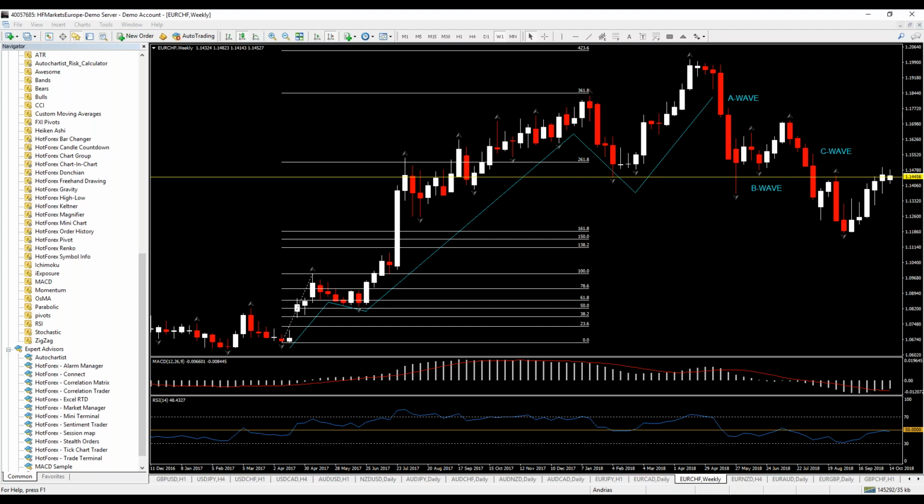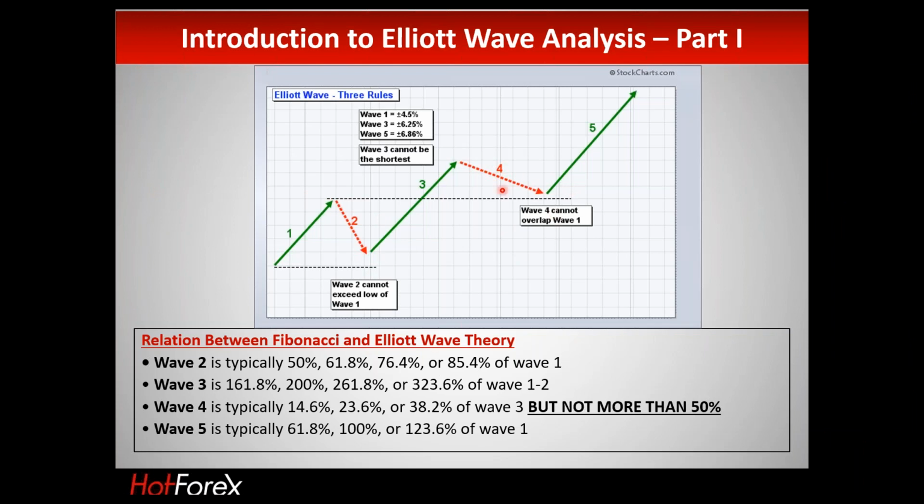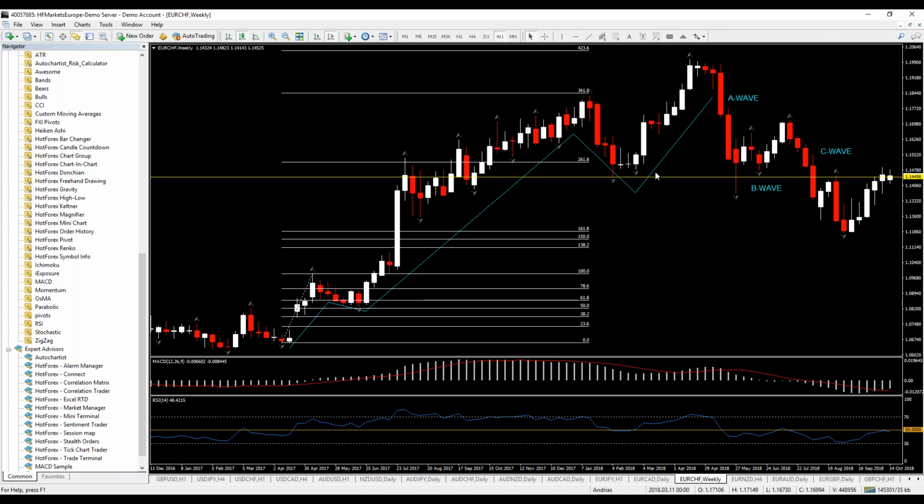Remember, we said that on this chart wave 4 cannot overlap wave 1. So once this is confirmed as a support level and you see these two bullish candles, then you can enter the market again, because it rebounds and is still above the peak of wave 1. So we anticipate a continuation of the uptrend movement.